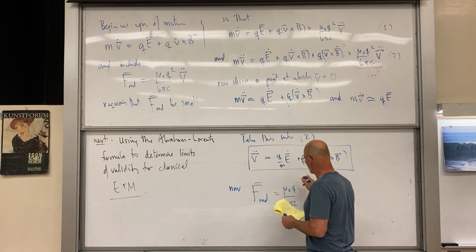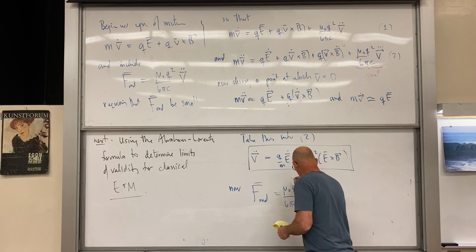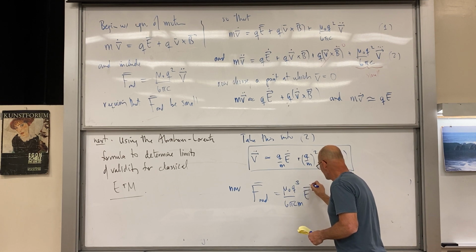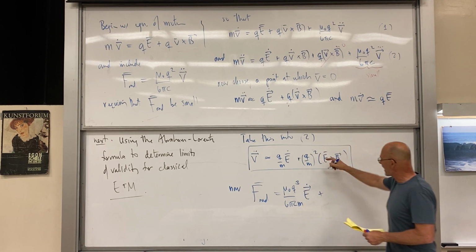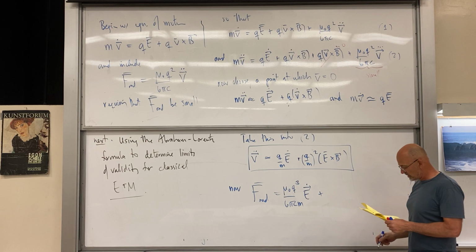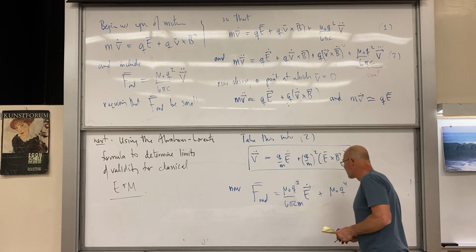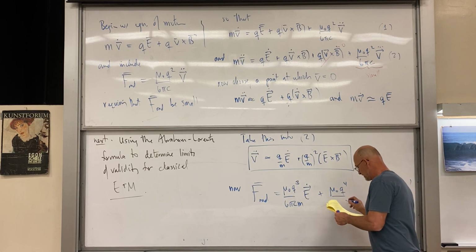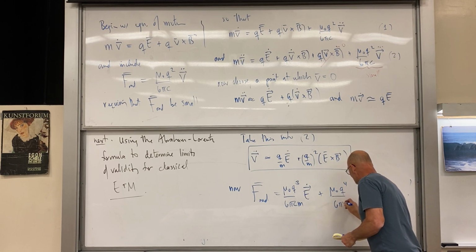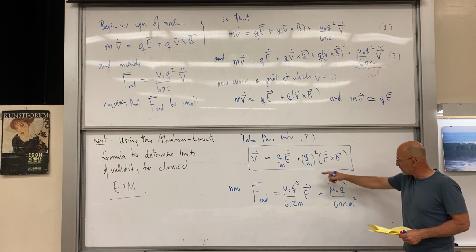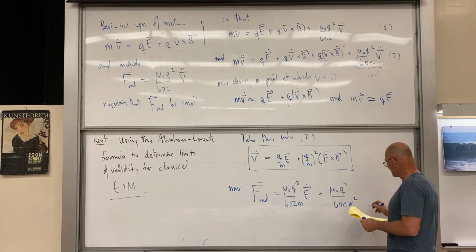So I have the Q squared, so I'll have Q to the third over 6 pi C M, E dot, and for my magnetic term I've got the Q over M squared, so I have mu naught Q to the fourth over 6 pi C M squared, and then E cross B.